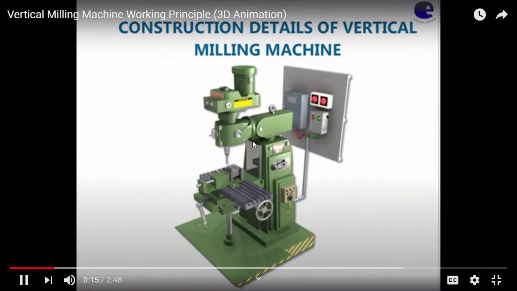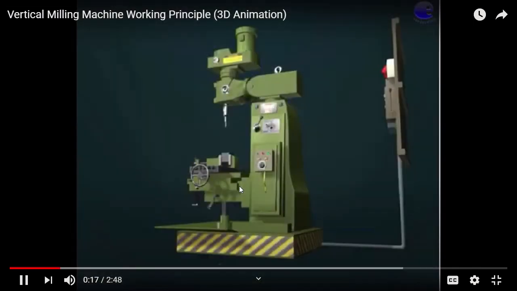See here, again this is the base and this is the column, and this is the head. All the features of the vertical and horizontal milling machine remain the same. Here the axis of rotation of the tool is vertical. That is why it is called a vertical milling machine.